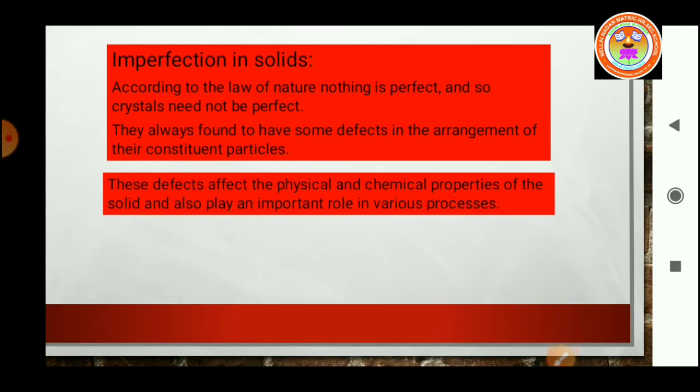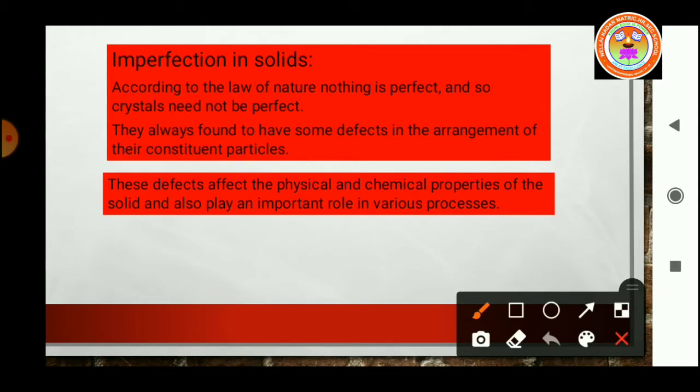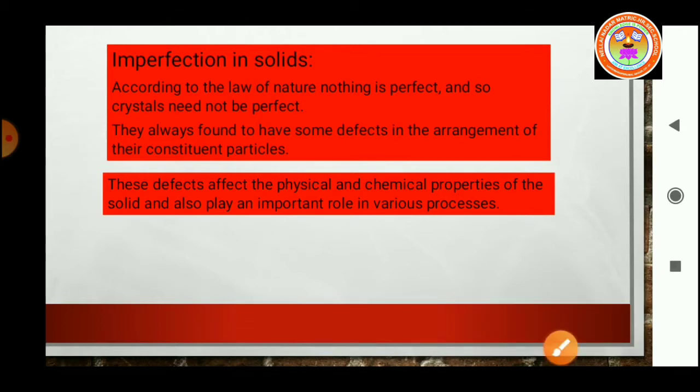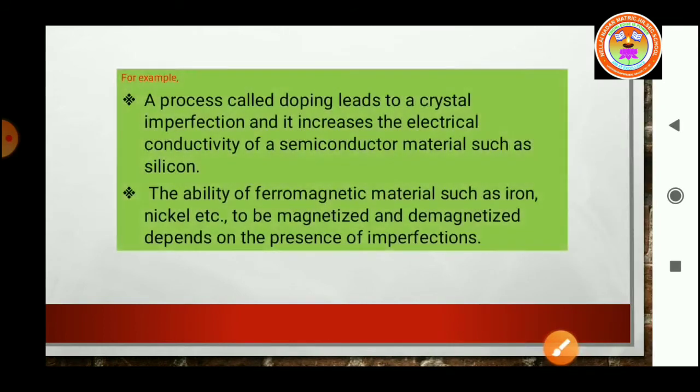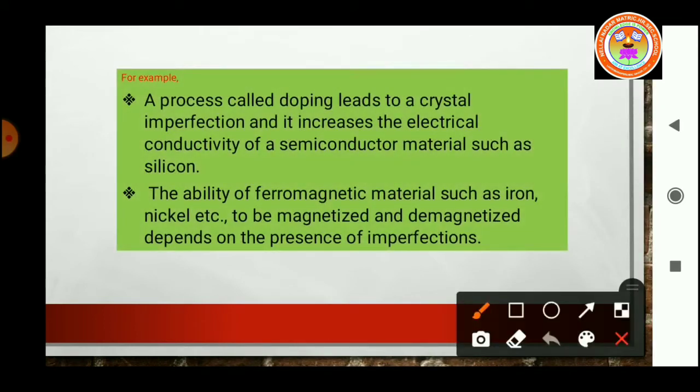These defects affect the physical and chemical properties of the solid and also play an important role in various processes. For example, we already discussed what is doping, isn't it? A process called doping leads to a crystal imperfection and it increases the electrical conductivity of semiconductor material.